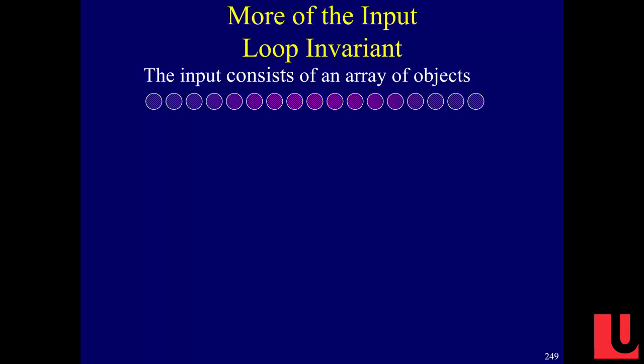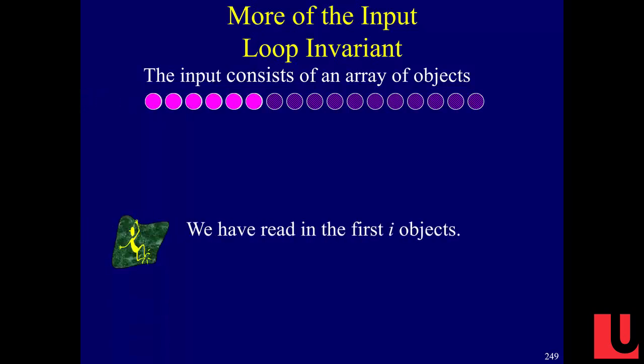When you have to come up with your own loop invariant, you want to see whether it is one of these obvious things. The first obvious thing is to say the input is the list of objects, and the loop invariant will say, not an action, so we don't want to say "I'm reading."